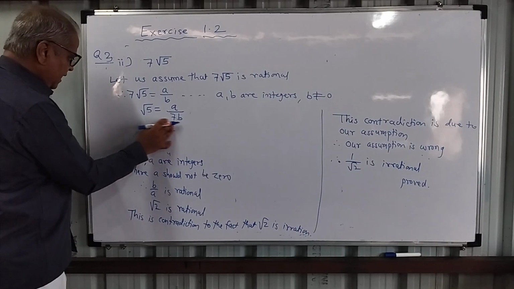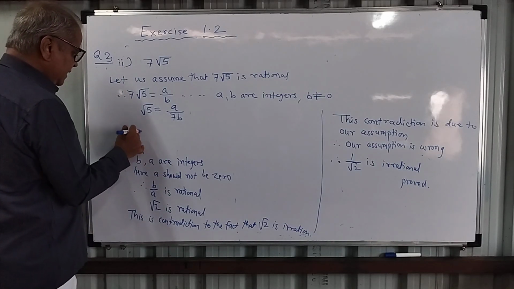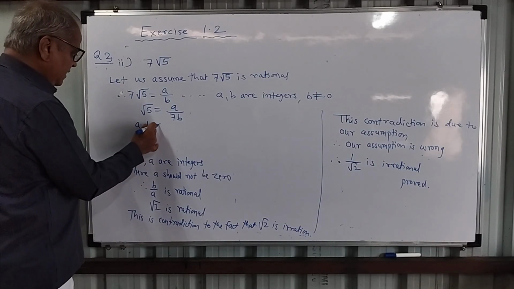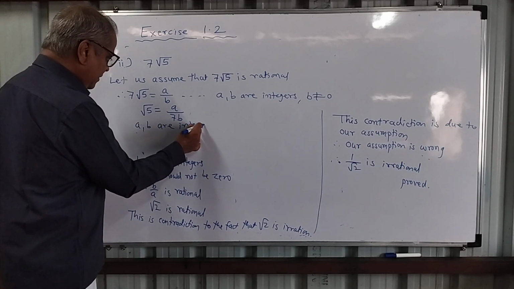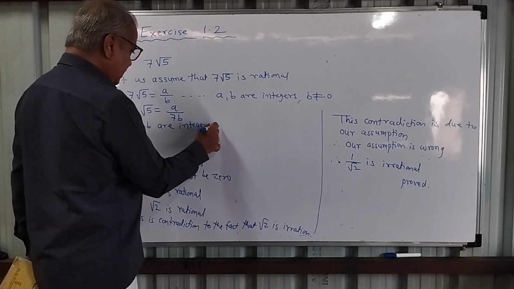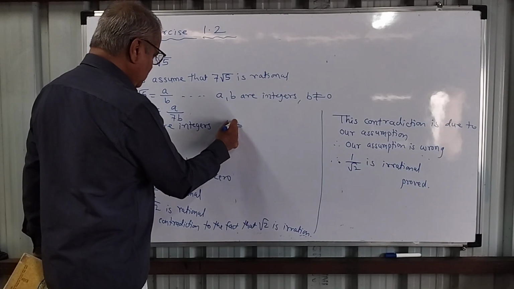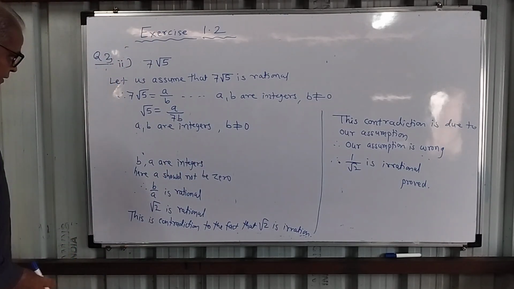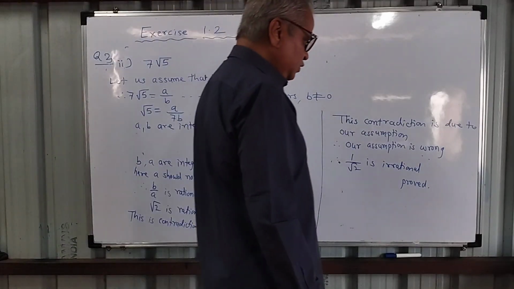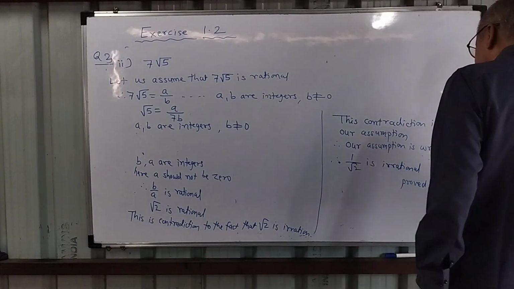Now here we can write a is integer, b is integer, a comma b are integers, and b not equal to 0. Therefore, RHS has to be rational. That means root 5 is also rational.